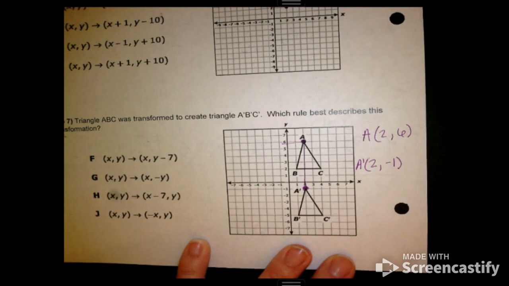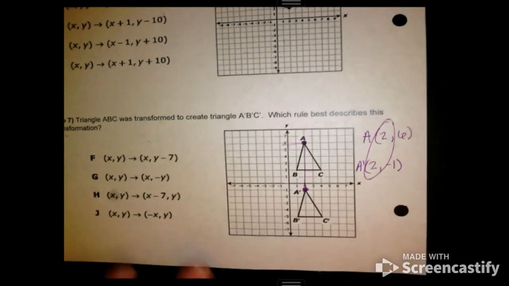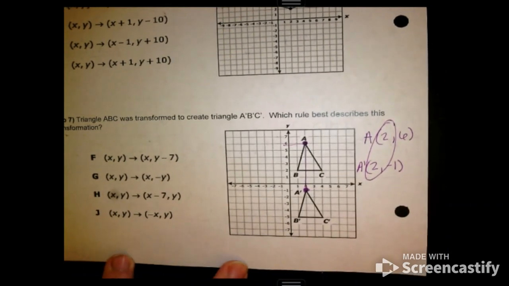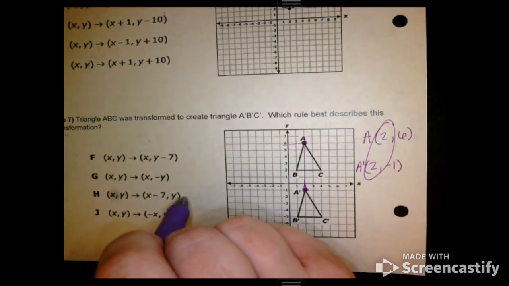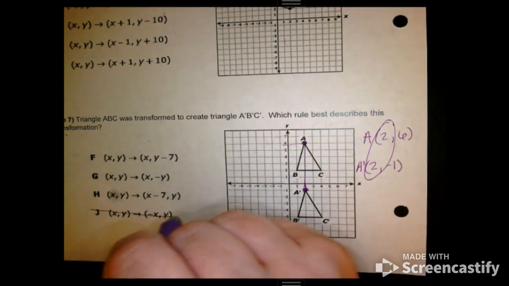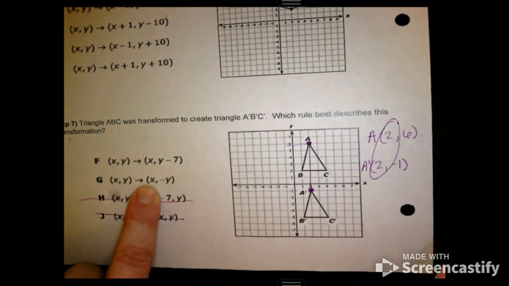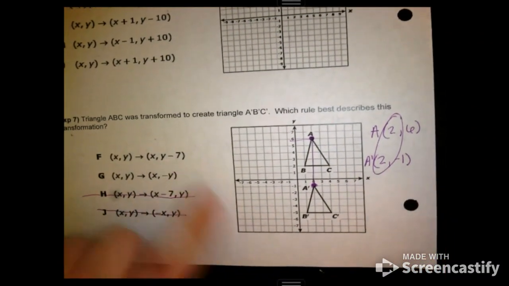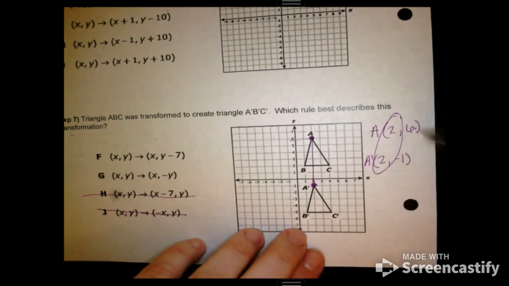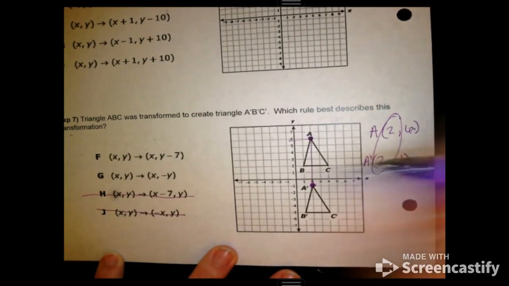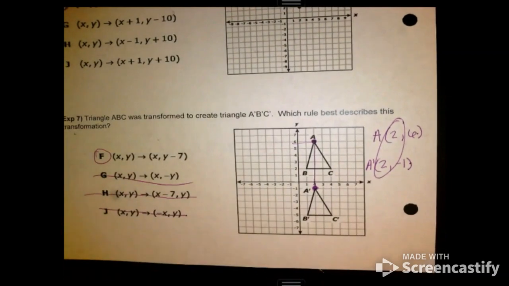Okay, does anything happen to the x? No. So that means you could eliminate which ones? J and G. No, J and H. J and H. Okay. So this one, I have negative y and negative 7. Well, how do I get from 6 to negative 1? Negative 7. It's up to you. Okay. All right. Any questions?